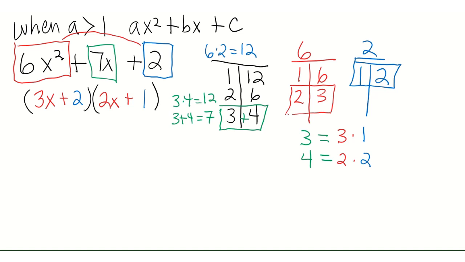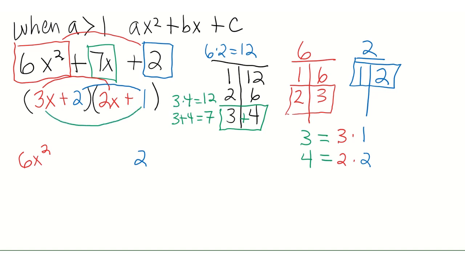So now I'm going to double check. When I do my first numbers together, that's going to give me 6x squared. When I do the last numbers together, that's going to give me my C, my 2. Now I'm going to check for my middle numbers.